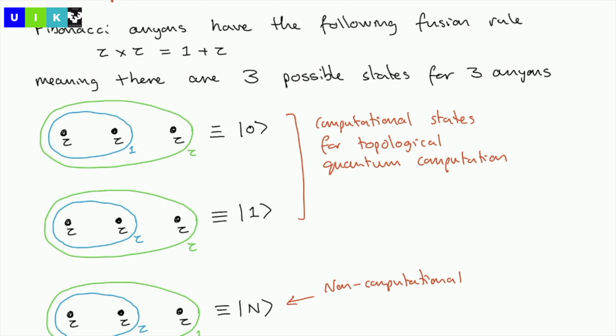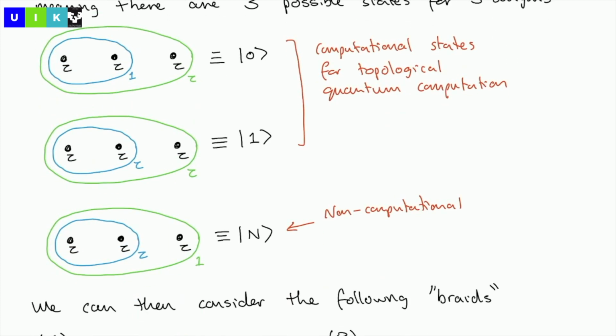The Fibonacci anions have the following fusion rule: 2 taus fuse to the identity or to tau. And what this means is that if we have 3 anions, there are 3 possible states. And this is what I draw here. So I have 3 tau anions, and the blue ring is the collective behavior of the first 2, and the green ring is the collective behavior of all 3 of them.